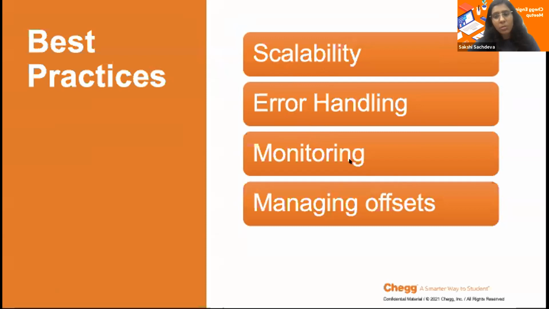I will be talking about different monitoring metrics, different tools which we can use, how we can make use of AWS alarms for monitoring, and also how we can tweak different configurations to make the best use of Kafka for our applications.